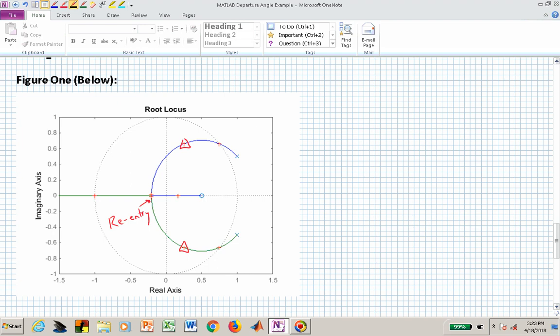And in fact, it is verifying that the departure angle, as long as our axes are equal in terms of horizontal length to vertical length, then we'll have an angle of 135 degrees. And that's what we wanted to demonstrate in this video.